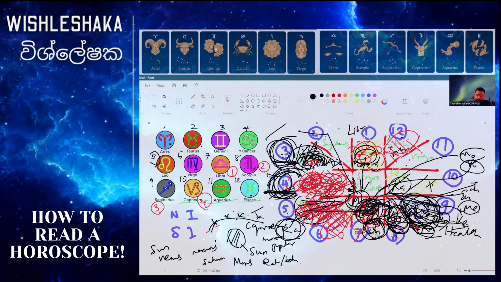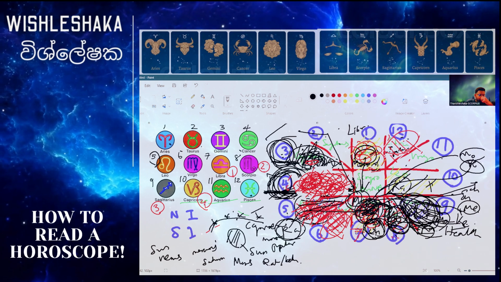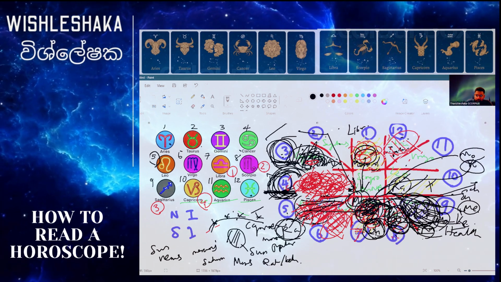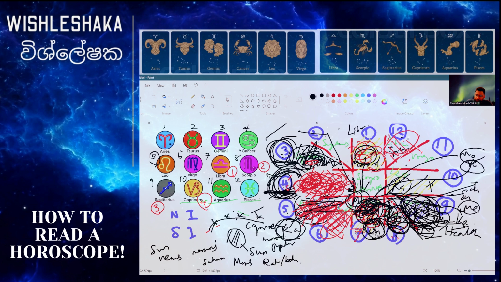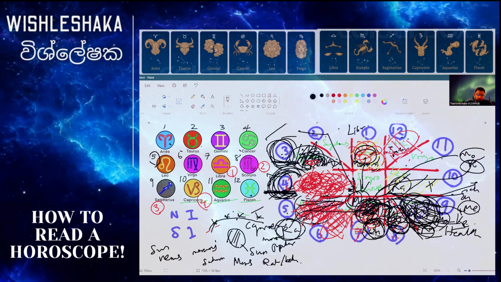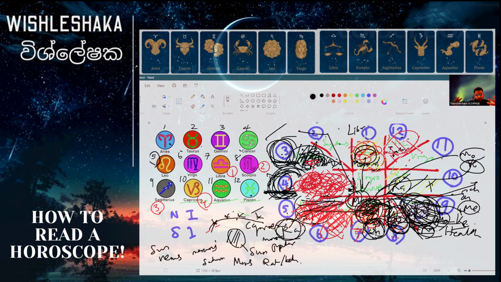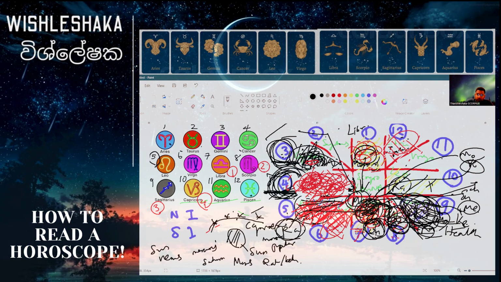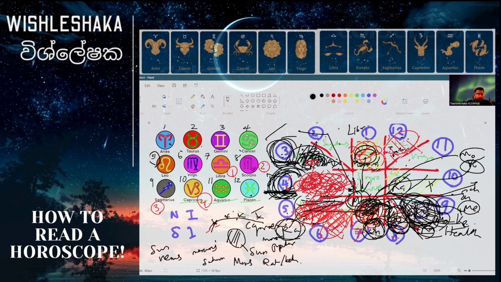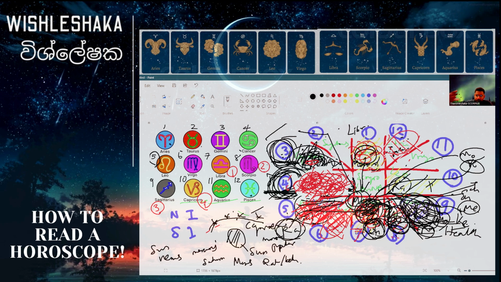My ninth house is exalted, powerful, Saturn in Aquarius. So if your ninth house is powerful, you are a religious person. We say you came from heaven. If your ninth house is debilitated or bad, you came from hell. You don't have good karma behind you.